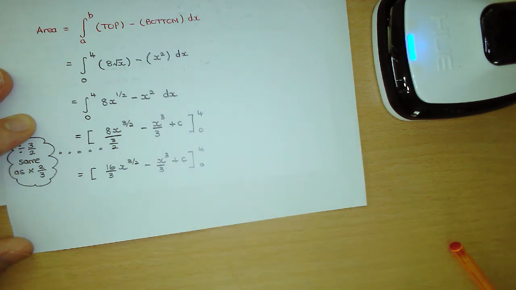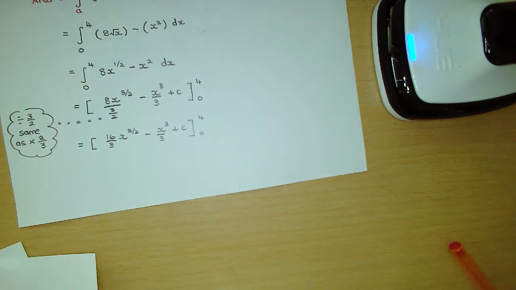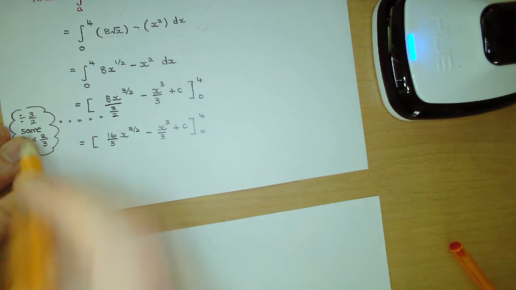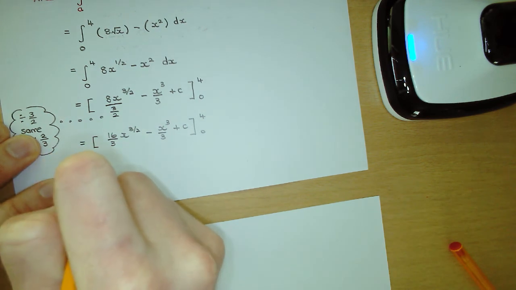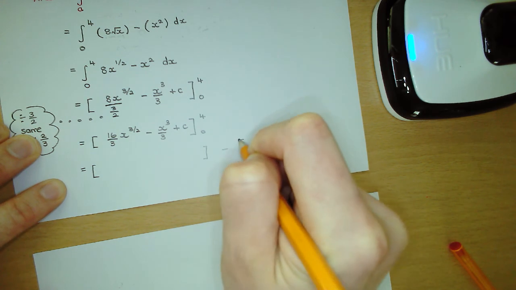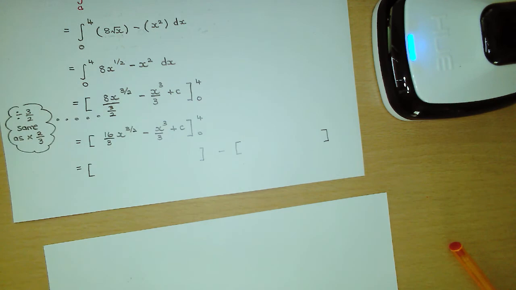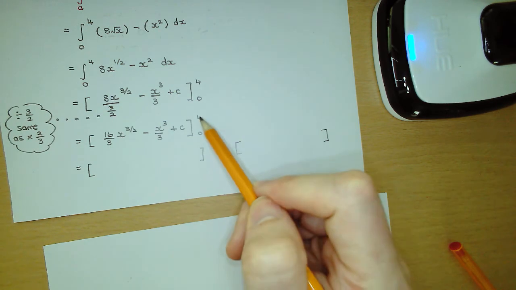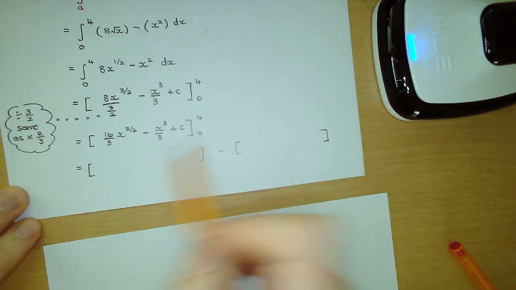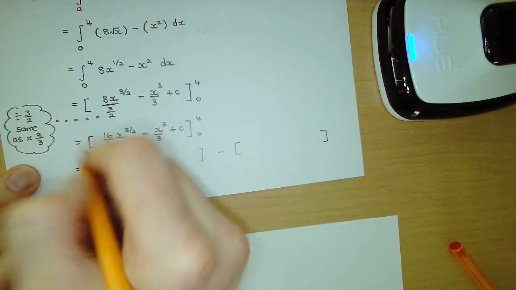Okay, so now it's time to break up the square bracket into two separate square brackets with a minus between them. So we're going to have first square bracket and then with a minus, and then we've got our second square bracket. Okay, we're going to chuck the bigger limit or top limit into the integrated expression, and that goes into this first square bracket here. So we're chucking 4 in everywhere we see x.